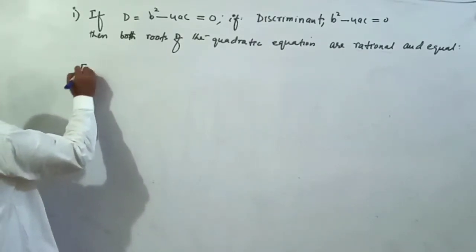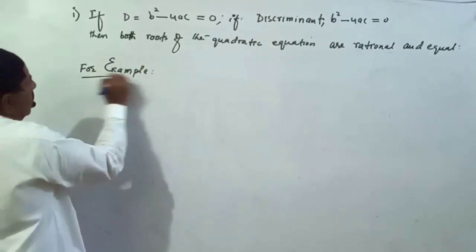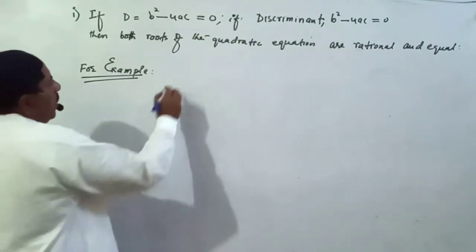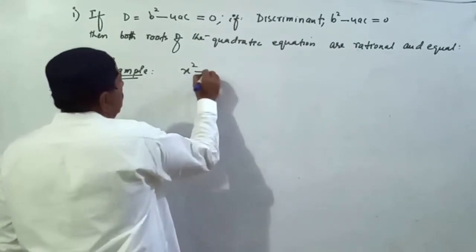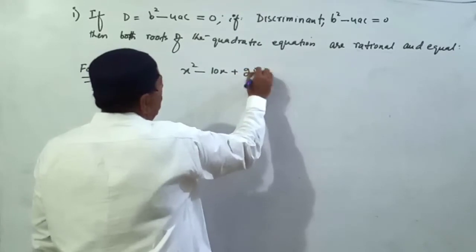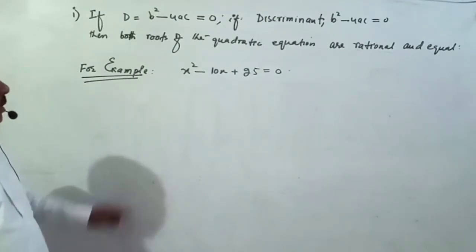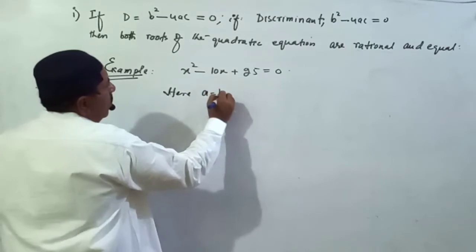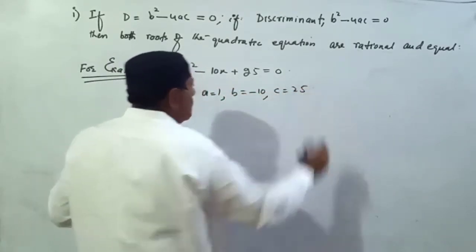For example, x square minus 10x plus 25 is equal to 0. Here A is equal to 1, B is equal to minus 10, C is equal to 25.